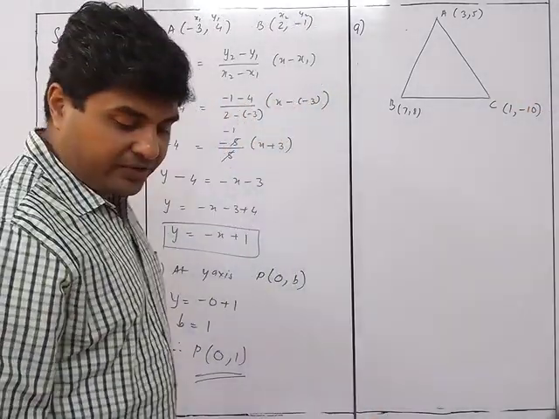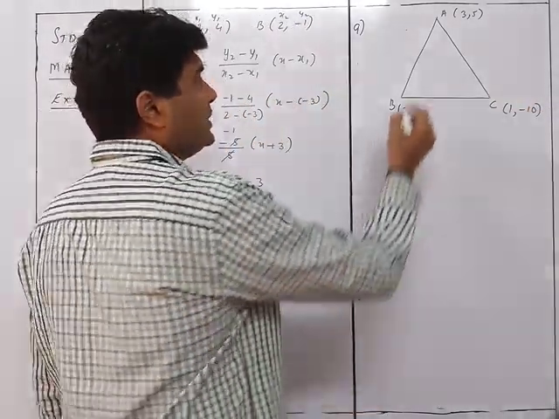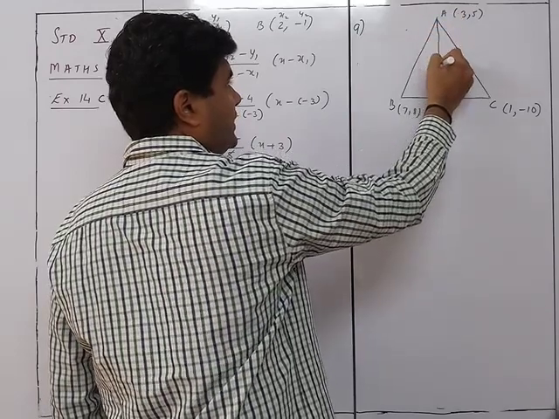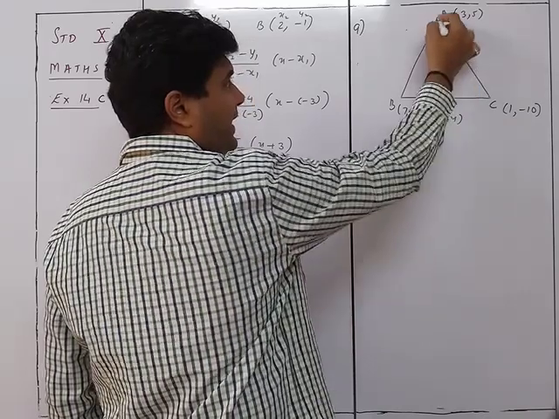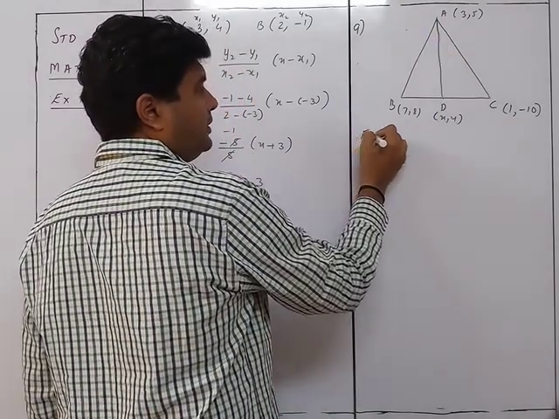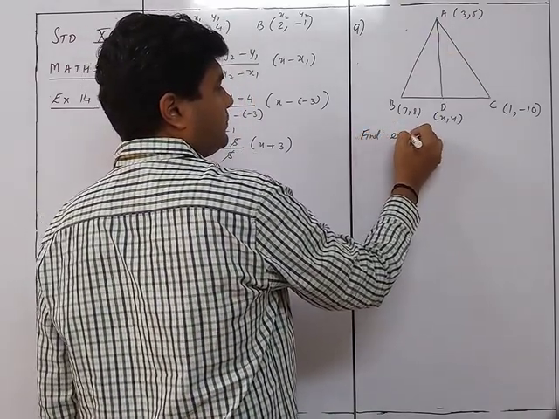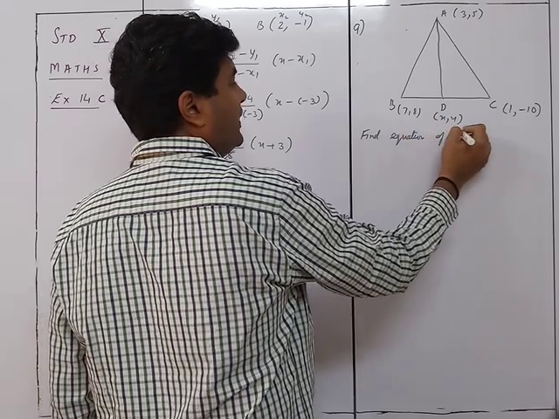You need to find the equation of the median through A, so you need to find the equation of AD.